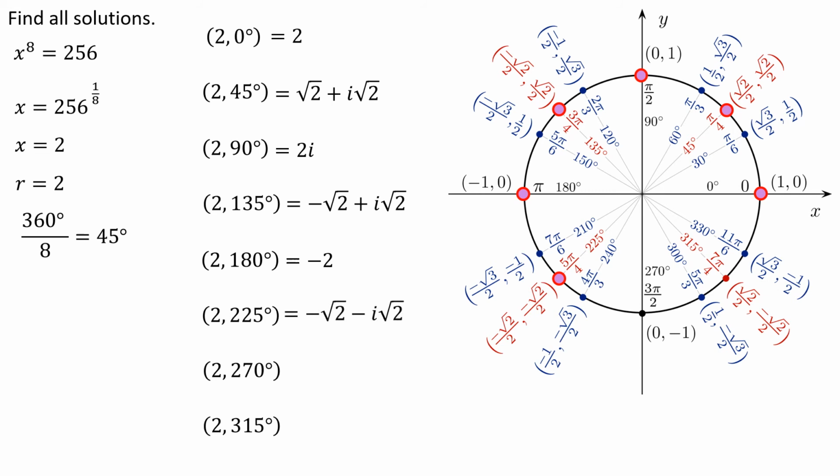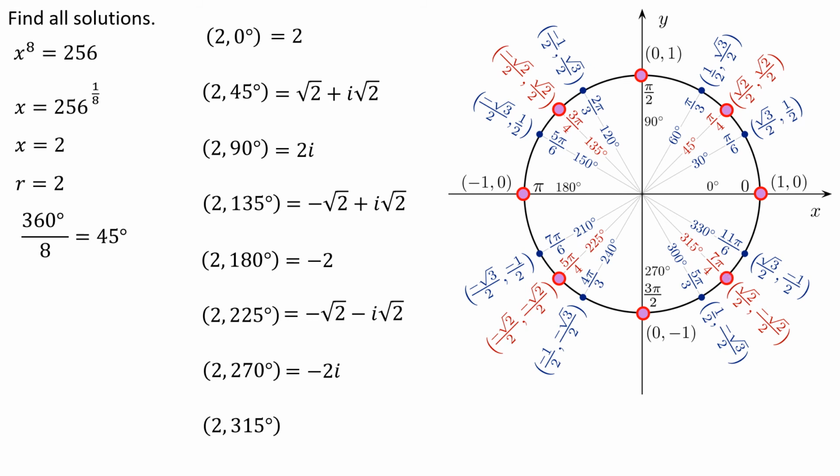So I get negative root 2 minus i root 2. 270 degrees, bottom of the unit circle, right? Traditionally, the x coordinate would be 0. Of course, that's now the real number coordinate. Traditionally, the y value would be negative 1. Of course, now that's the imaginary component. So negative 1 times 2i just gets us negative 2i.